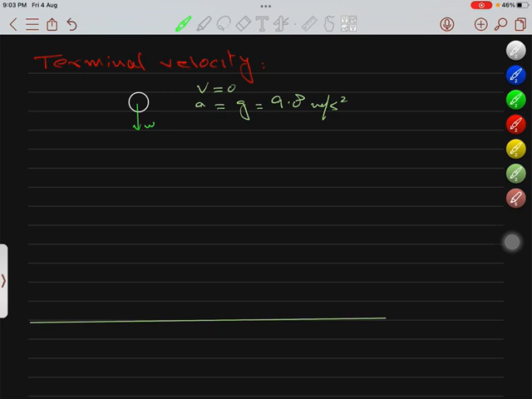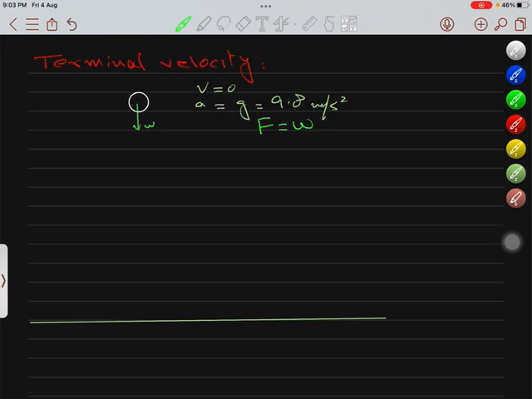So in the absence of any of these opposing forces, the only force acting on the ball is the weight of the object. So the net force acting on the ball, F, is equal to weight. W stands for weight here. Okay, so the ball starts falling down gradually.